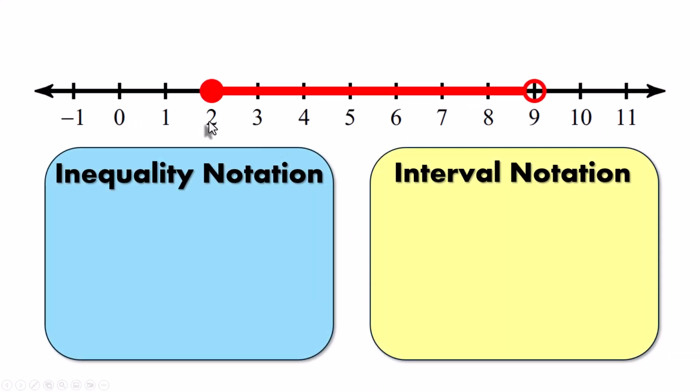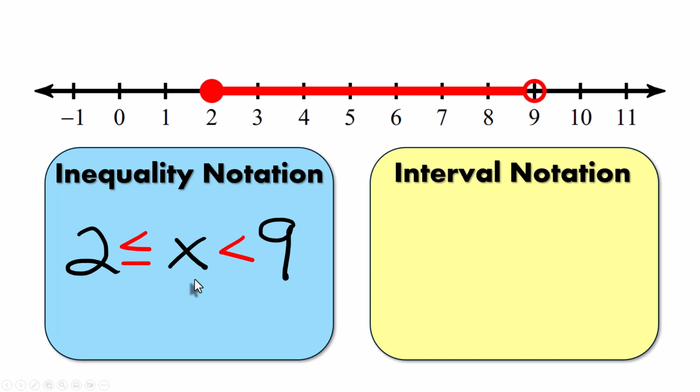All right, the numbers we're working with here, we're going from 2 up to 9. And our answer can be anything that's in between. You can land on the 2. You cannot land on the 9. You go right up to it. In inequality notation, which is what we're more familiar with, it would be 2 less than or equal to X, and then less than 9.